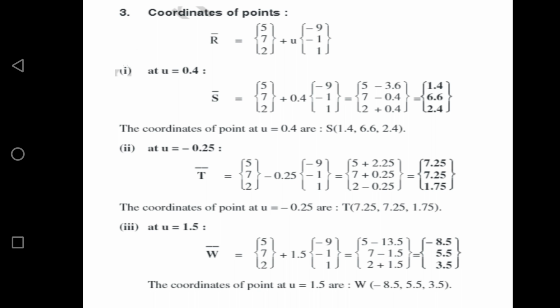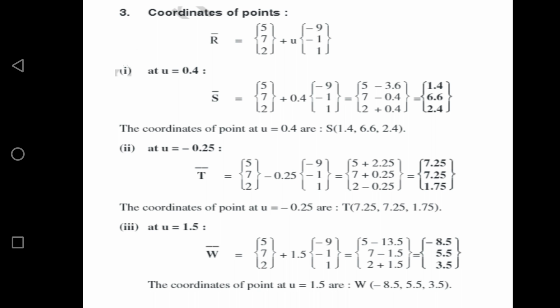So I am using S bar equal to the same column matrix 5, 7, 2 plus u. We are finding the coordinates of the point at u equal to 0.4. If I substitute u equal to 0.4, I am going to get my coordinates 1.4, 6.6, 2.4. Also we have to find out the coordinates of the point at u equal to minus 0.25.